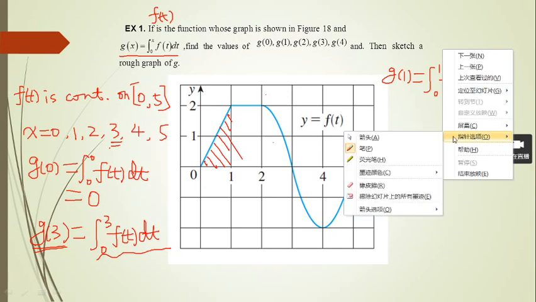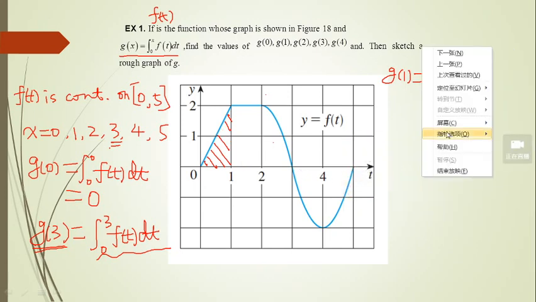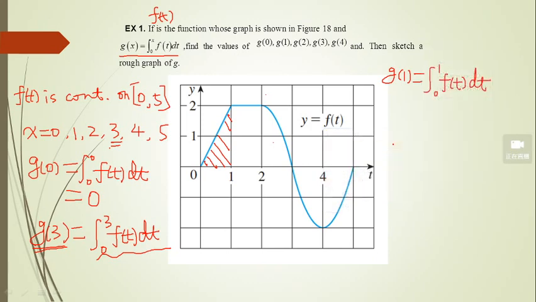That means we find the area of the triangle. What is the area of this triangle? This length is 1. How about this length? This length is 2. 1 times 2 times 1/2. Then g(1) should be 1. How can you get it? The area of this triangle.